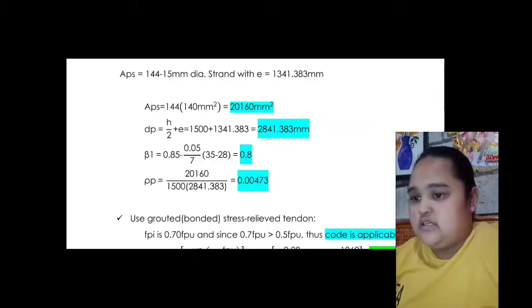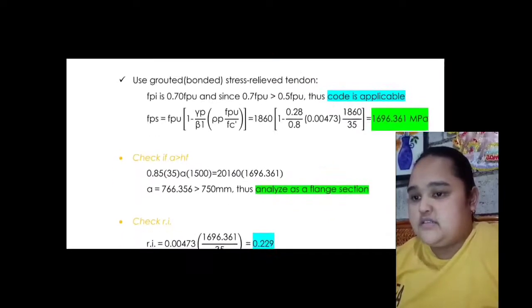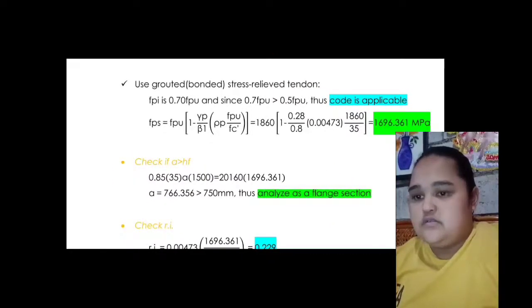Use grouted stress relief tendon. FPI is 0.7 FPU, and since 0.7 FPU is greater than 0.5 FPU, thus the code is applicable. And FPS is equal to 1,696.361 megapascal.